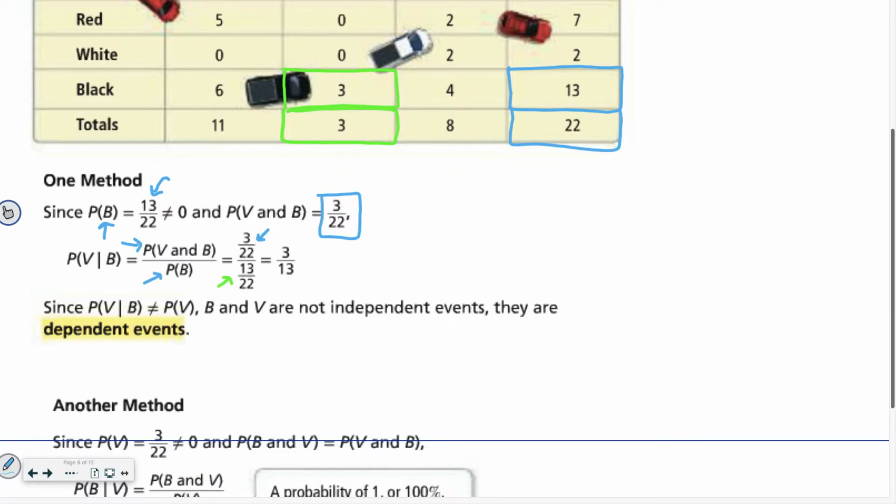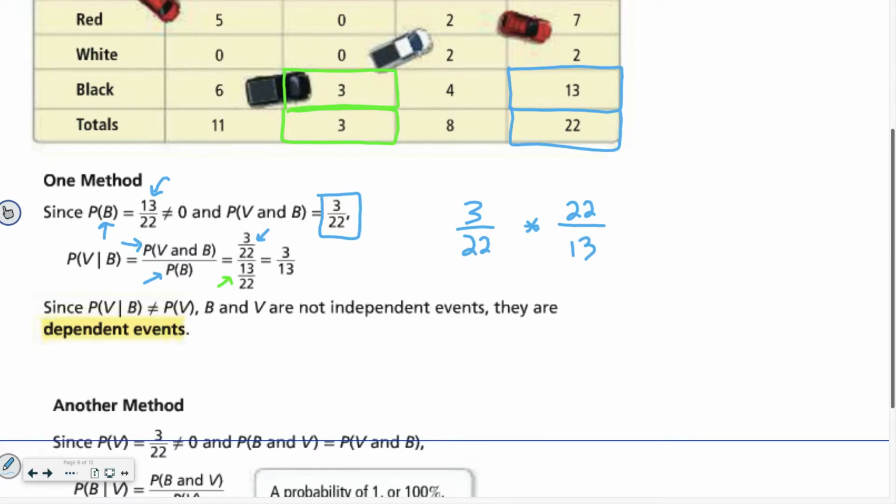was 13 over 22. If I do 3 over 22 divided by 13 over 22, remember this division can change to multiplication, and you flip the second fraction over. Hopefully you remember doing that at the end of algebra last year.